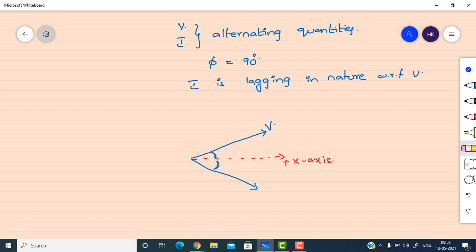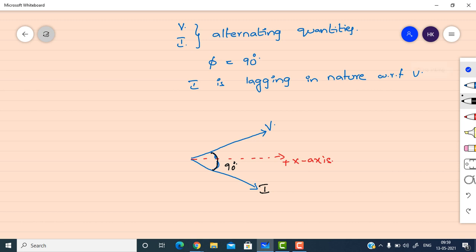Positive phasor means it is a leading phasor. Negative phasor means it is a lagging phasor. Negative phasor means you have to draw below the x-axis. Positive phasor means you have to draw above the x-axis. And the angle between this voltage and current is 90 degrees. This is the current phasor.